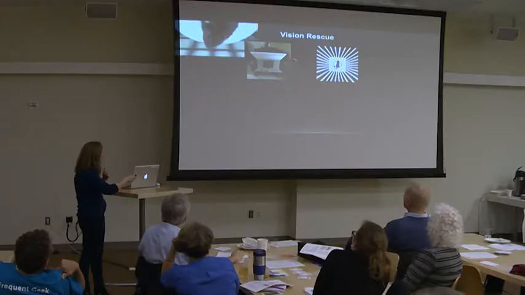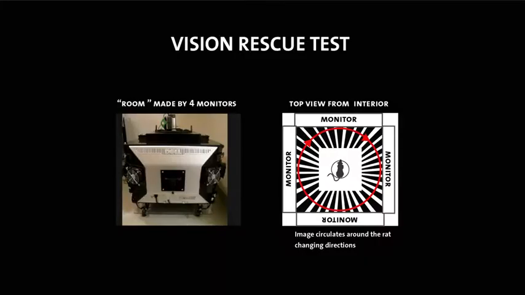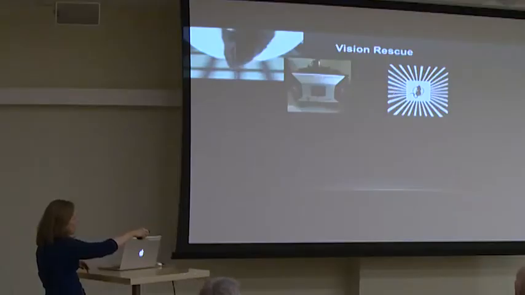And in our case, what we did was use an invention by our collaborator on this project. This is actually 4 monitors. So it's making almost like a little room. Inside of it, there's a platform, and you can put your mouse or rat on this platform.